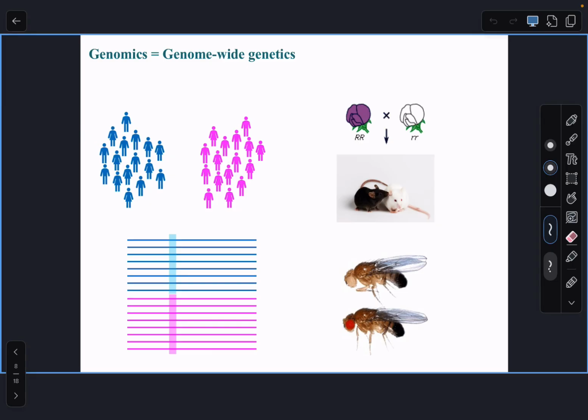So you take your human population, you split them between individuals who do not manifest a given condition and individuals who do, and then you compare their genomes, and it turns out that the difference between these two groups of individuals is really narrowed down to this one genetic sequence that is different between them. And there are many examples of monogenic human diseases. Right?